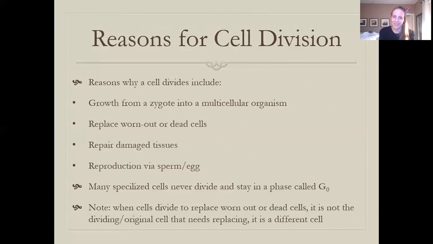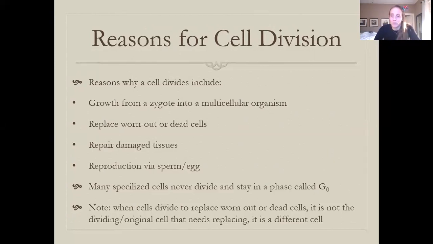Also, whenever your cells die or are worn out, cell division is used to replace them. For instance, we replace our skin cells quite frequently because they get worn out and fall off and die all the time. So when you are in need of more skin cells, one of the non-dead skin cells will duplicate so that you have 2 more.